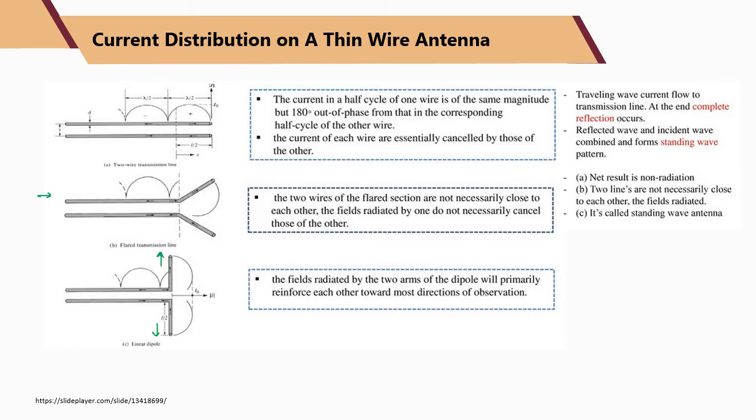Okay, so if you still remember, when there's a straight wire, there will be no radiation if there's no velocity or acceleration. So when you have two wires, but it is not truncated or bent at the end, what happens when you supply the source?